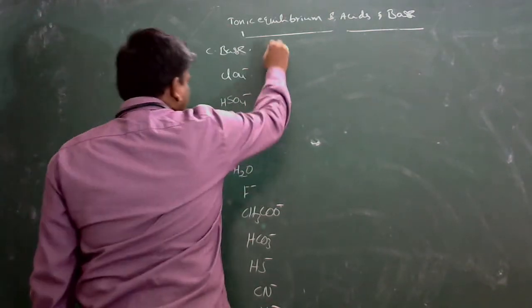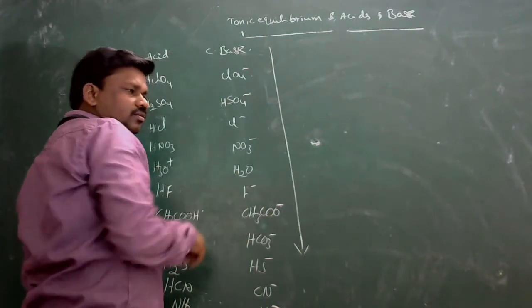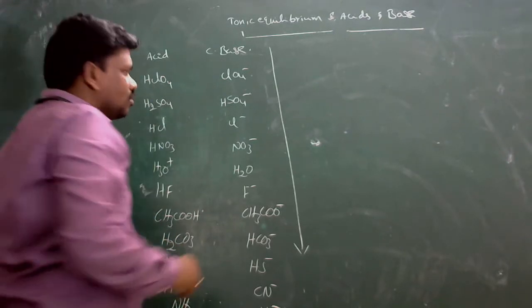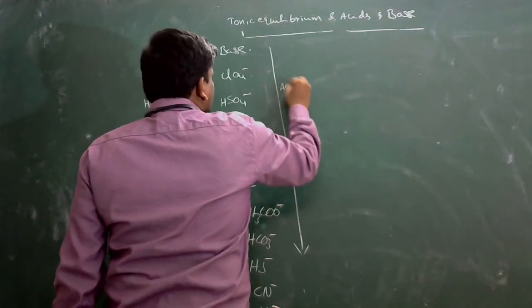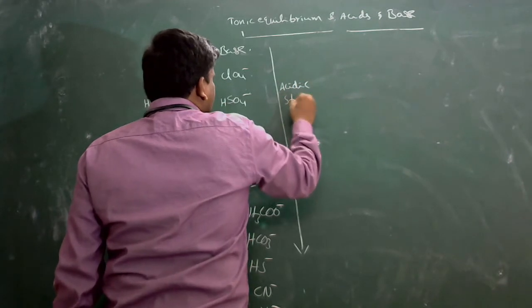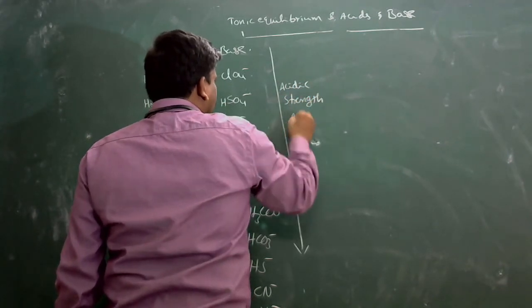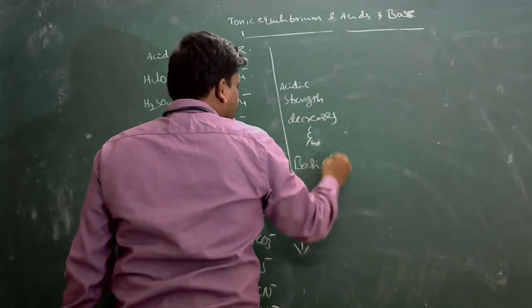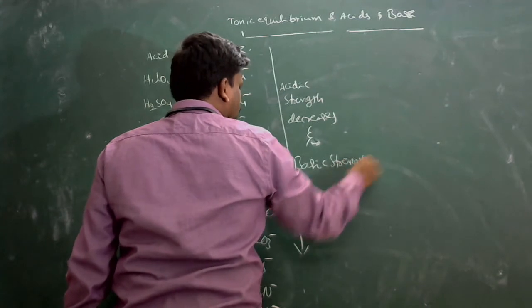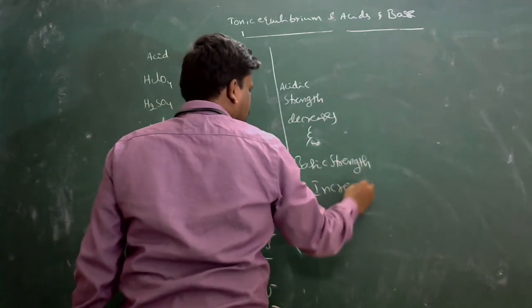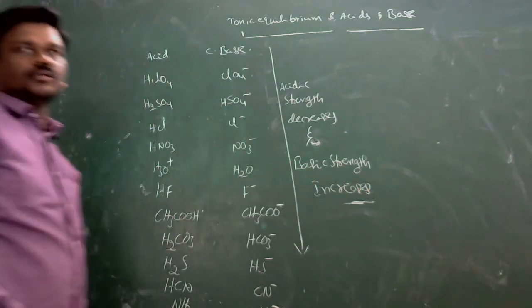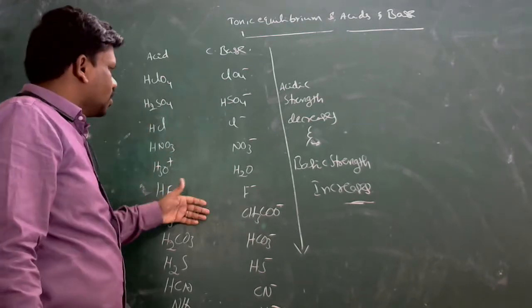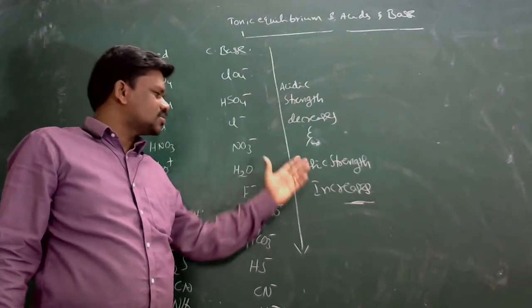In the strength of acids, going down the group, from top to bottom, acidic strength decreases and basic strength increases.